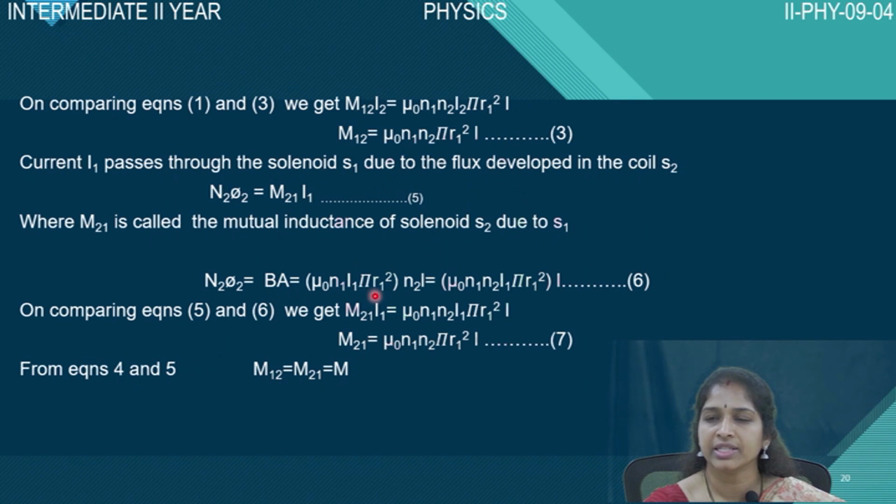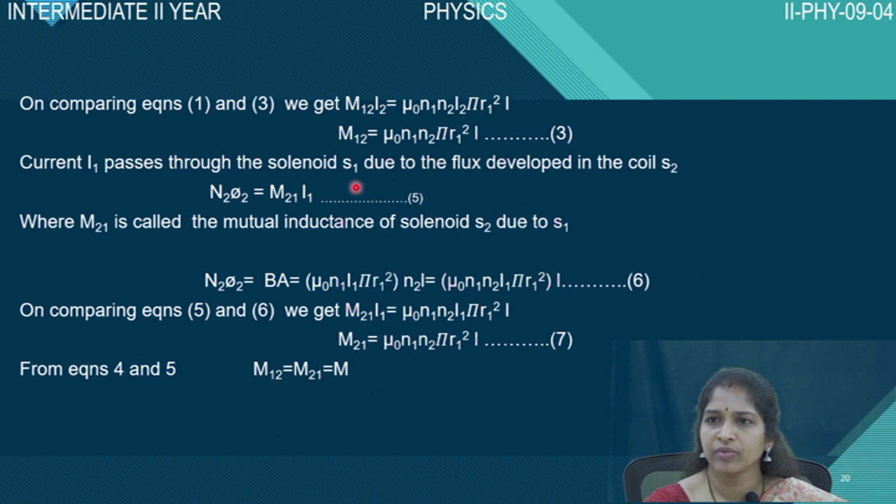The area of cross section I am taking as pi R1 square, because solenoid S1 is inserted in solenoid S2, so the radii are almost equal. In general, we can write pi R square also. And capital N2 is small n2 into L. On multiplying this, we get N2 phi2 equals mu naught N1 N2 I1 pi R1 square L.